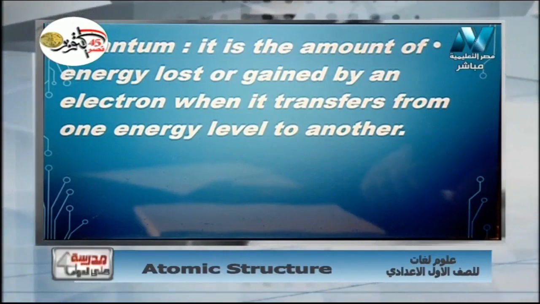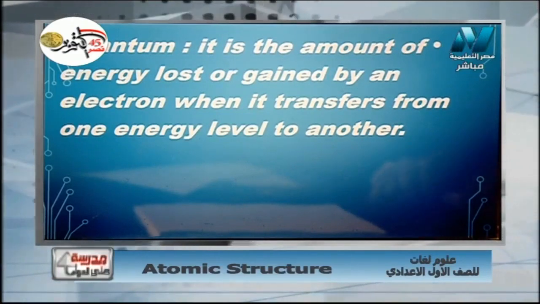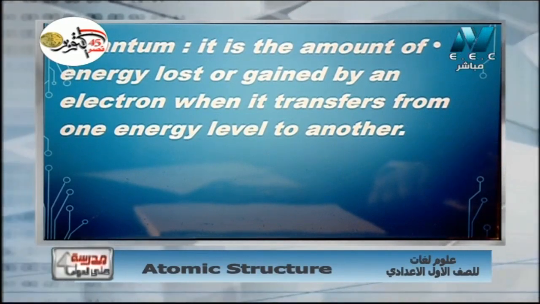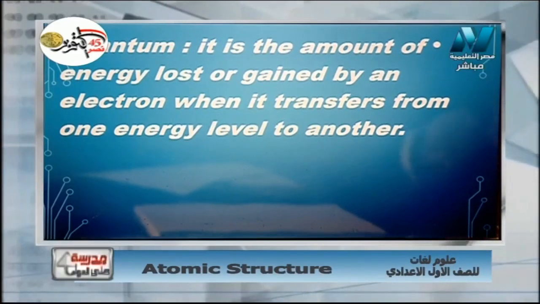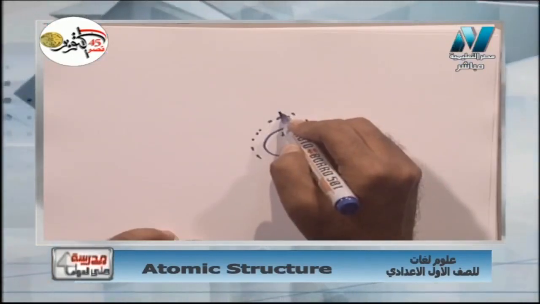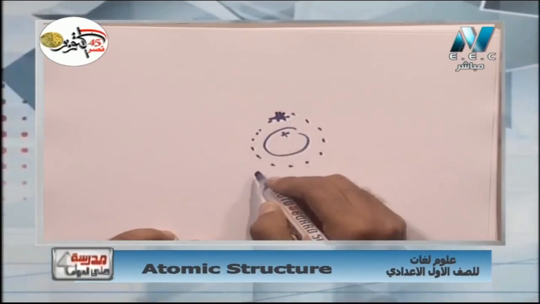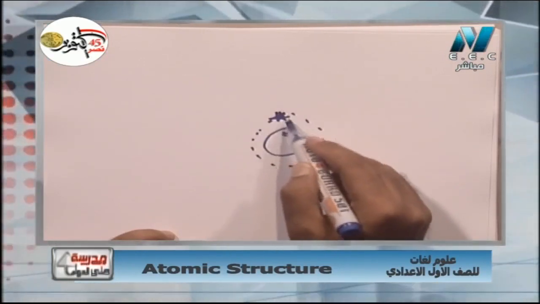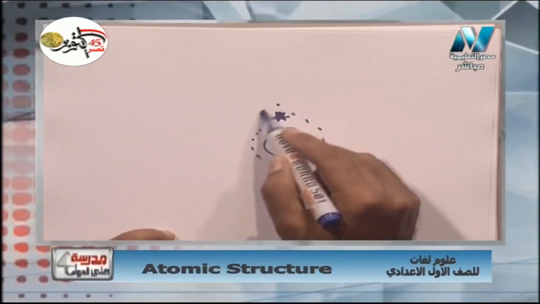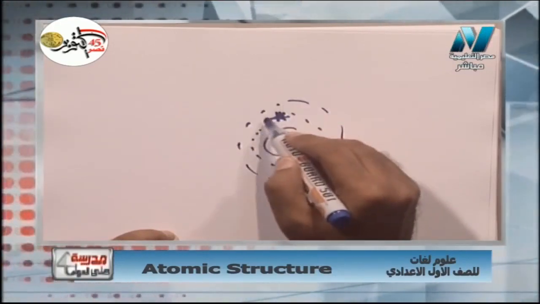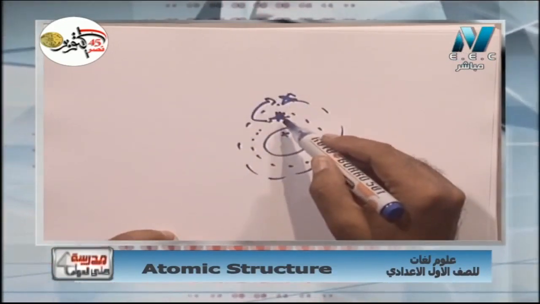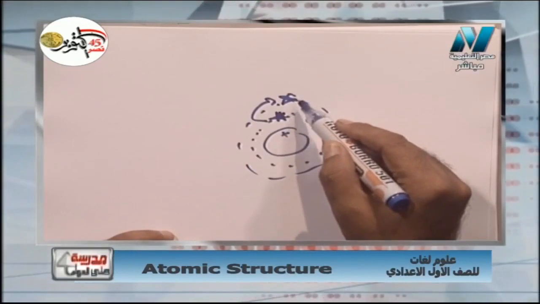And what's meant by quantum? Quantum is the amount of energy lost or gained by an electron when it transfers from one energy level to another. What does it mean? It means that the energy level K has the least energy. But if it gains energy, it can transfer to L. What is the amount of energy that it needs to transfer to the higher one?